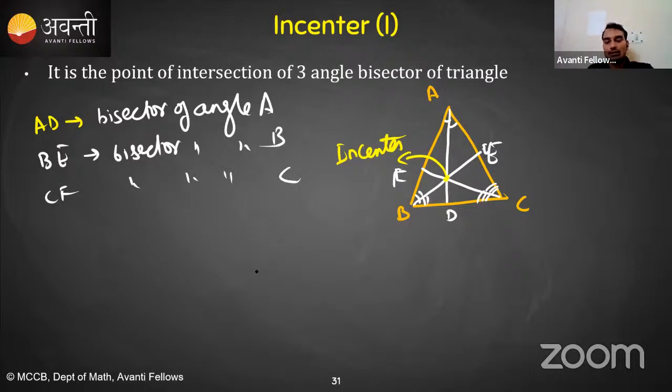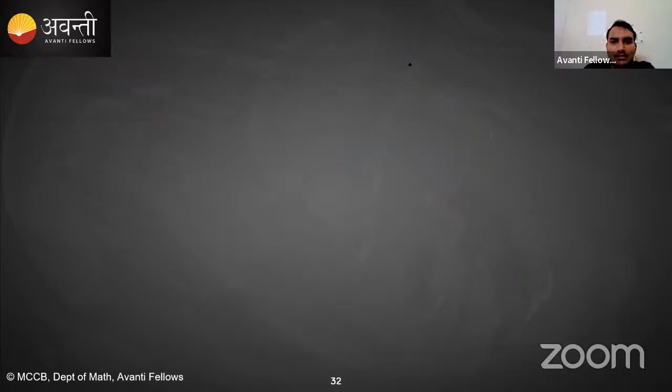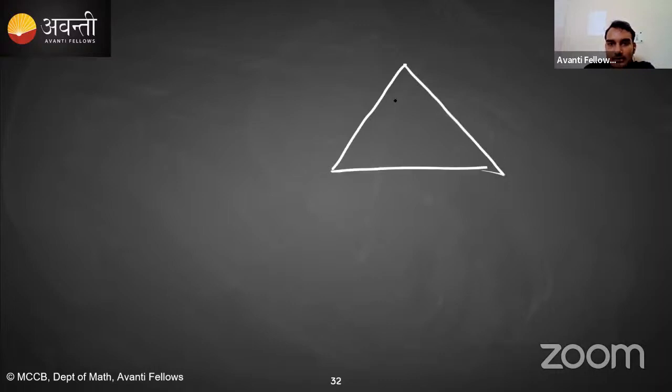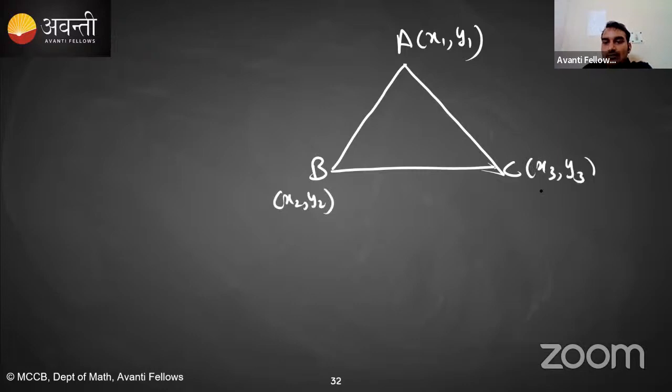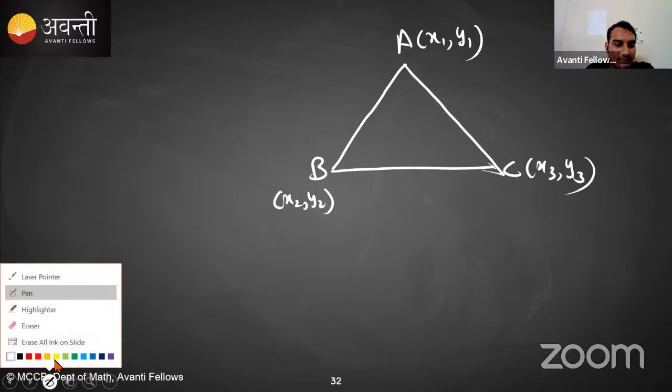Okay. So what is the coordinate of the incenter now? How will we find the coordinate of the incenter? It's a direct formula; how it is derived is not important, the formula is important. Look here, this is A, this is B, this is C. Let's call the coordinates of A x1 y1, B x2 y2, and C x3 y3. Simple.